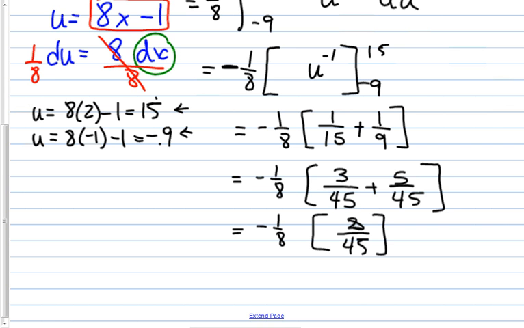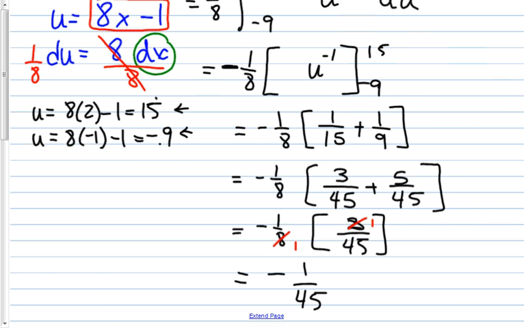Okay, there you go. So negative 1/8 times 8 over 45. These 8s actually just go bye-bye. 1 and 1. Cross simplify. So negative 1 over 45. And there's my answer. Go ahead and try it.